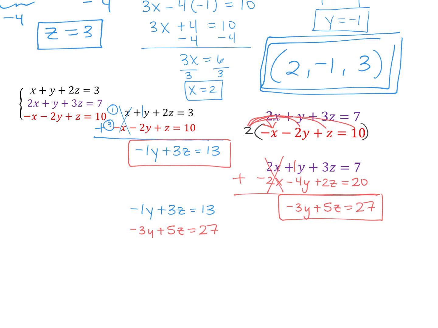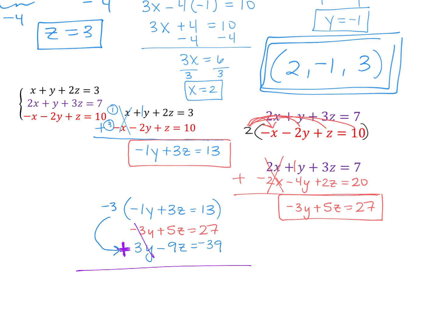So if I multiply this guy by -3, that's going to be a positive 3y, a negative 9z, and then a negative 39. Big size. Okay, add these together, and then we're almost done.